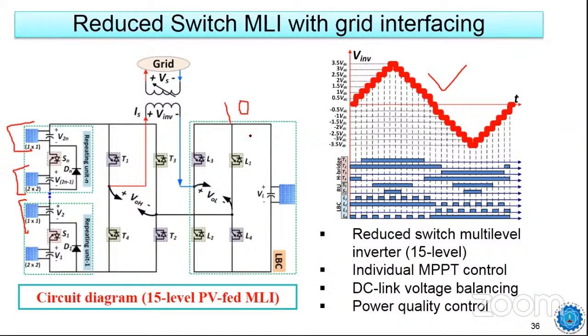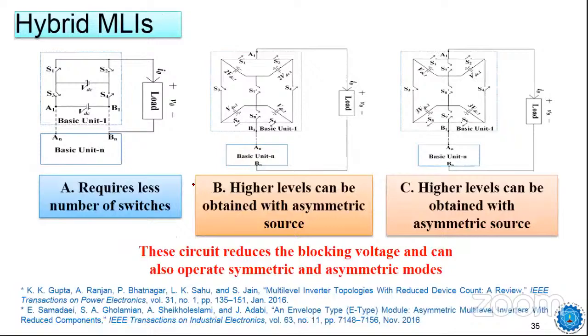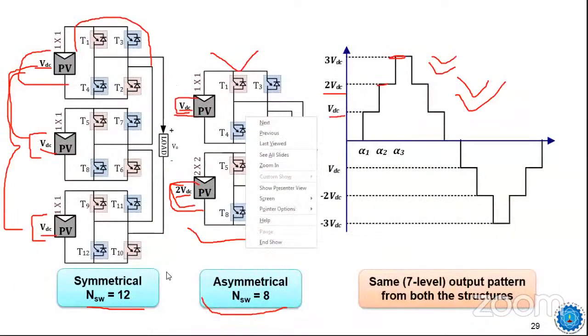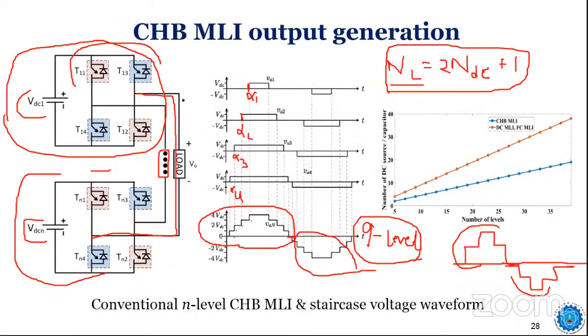But if you compare with the cascaded H-bridge type that I was explaining, just to go back to the circuit diagram, here I was telling you the basic concept. If you calculate the number of switches here, you can develop a formula for how to calculate it.